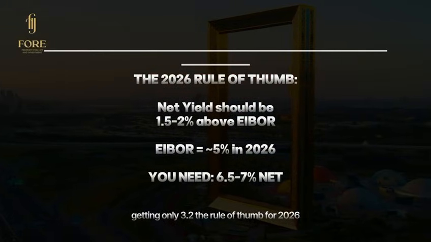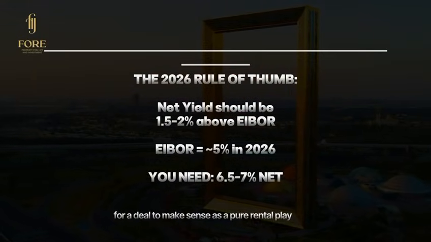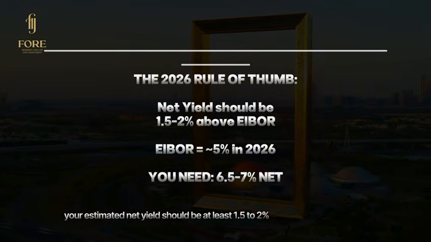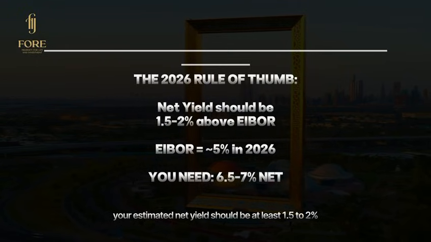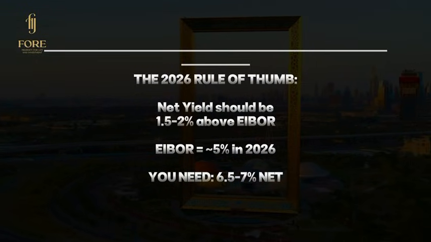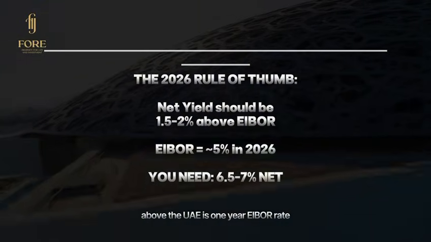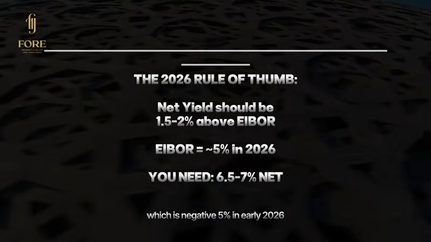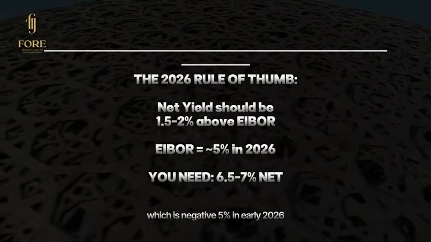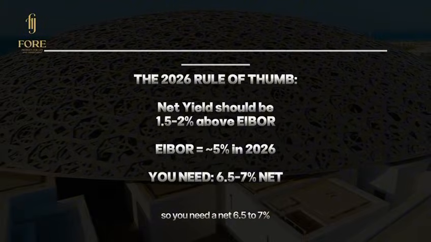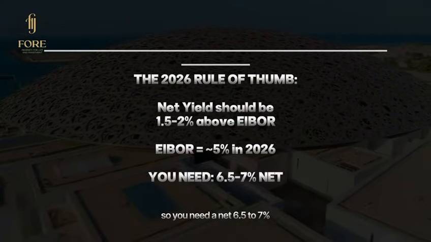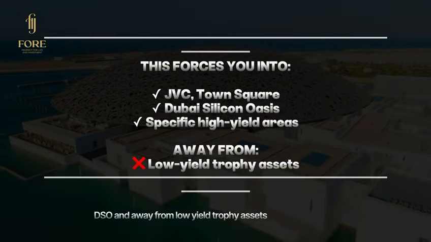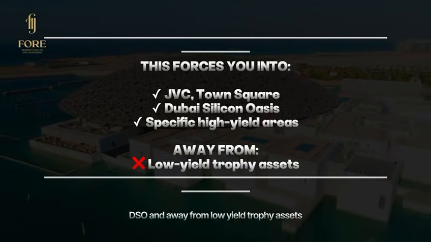The rule of thumb for 2026: for a deal to make sense as a pure rental play, your estimated net yield should be at least 1.5 to 2% above the UAE's 1-year EIBOR rate, which is around 5% in early 2026. So you need a net 6.5 to 7%. That forces you into specific areas like JVC, DSO, and away from low-yield trophy assets.